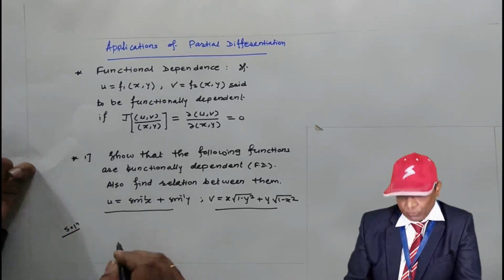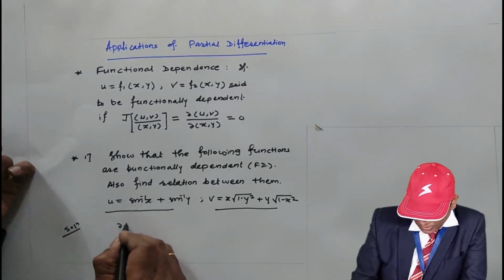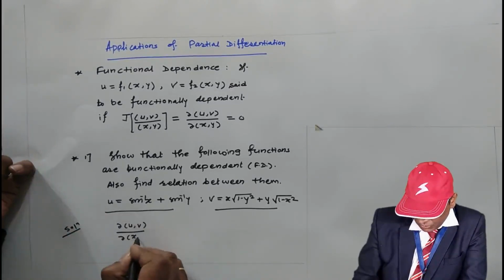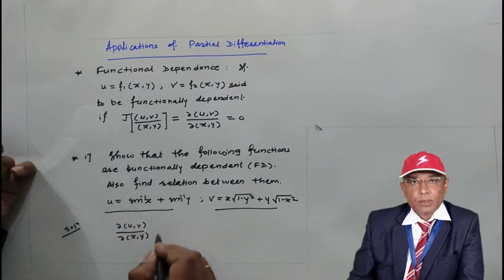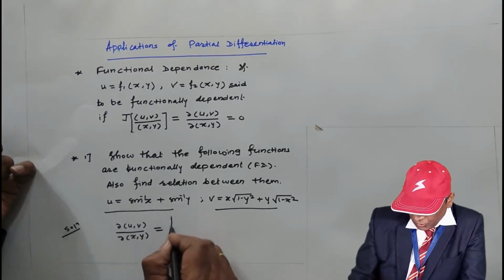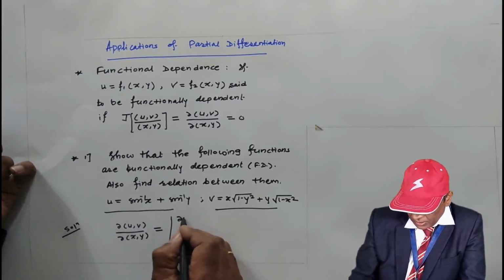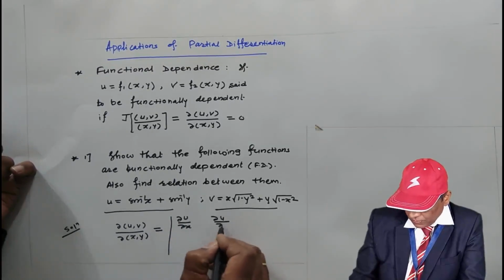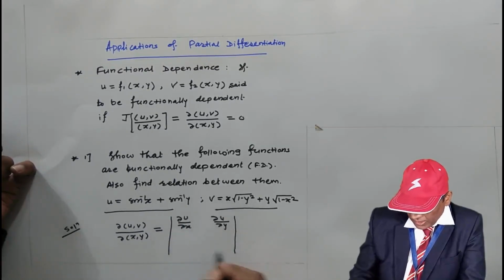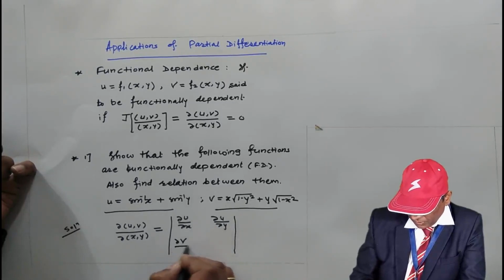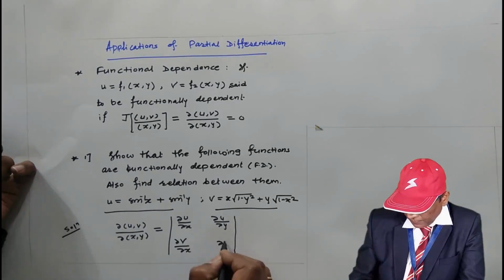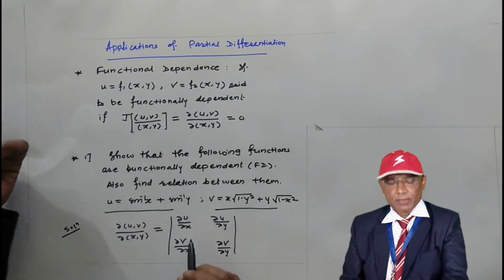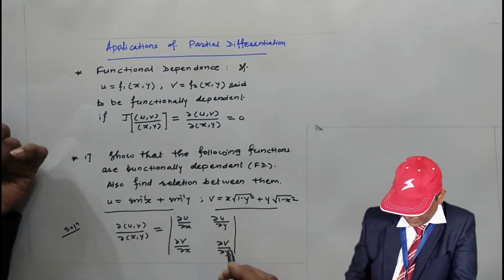Now the Jacobian I am going to find: the Jacobian of u v with respect to x y. By definition of the Jacobian, it is del u by del x in the first row for u, and the second row for v, because the Jacobian is nothing but the determinant.